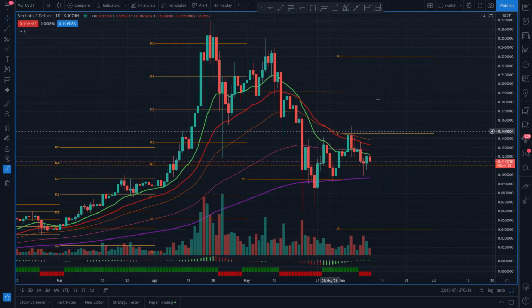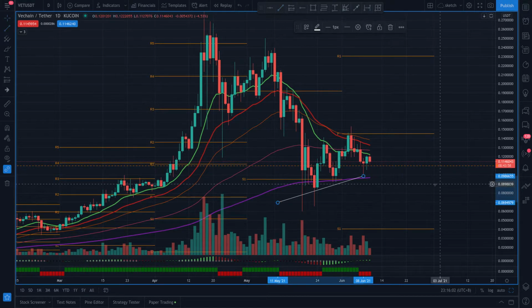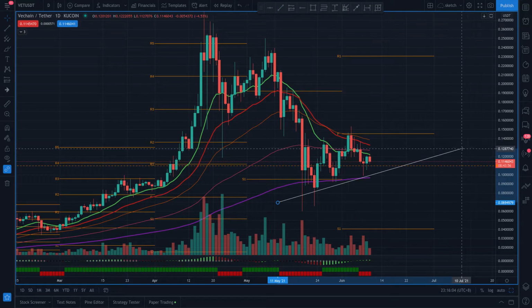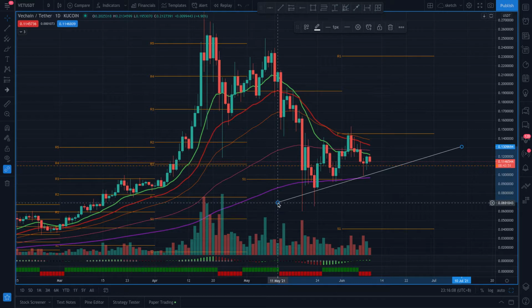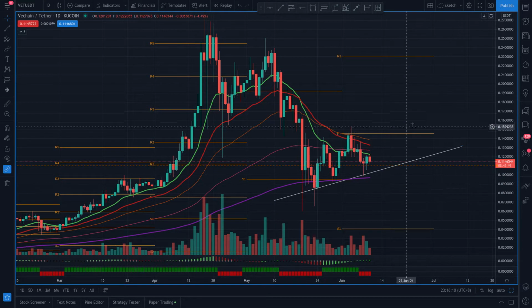Because of the too long pintails, I think it's quite dangerous to assume such a steep curve. So perhaps something like that. Yeah, well, you get the idea.